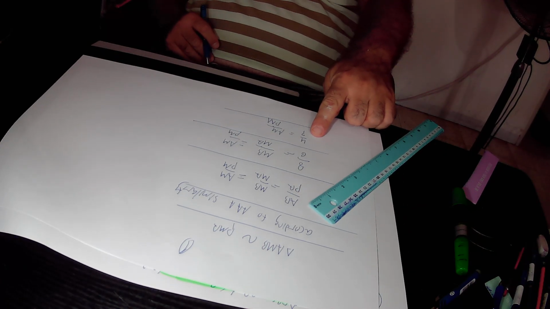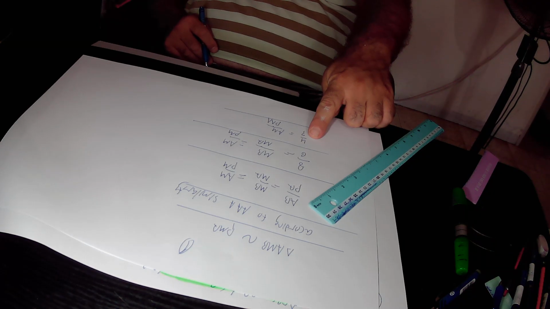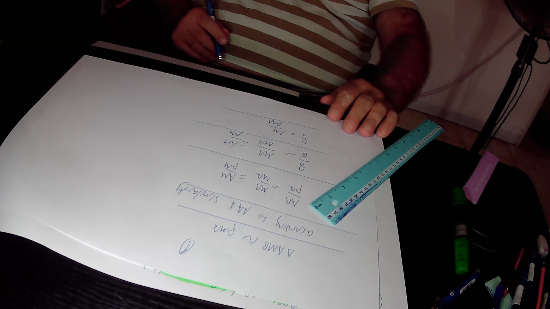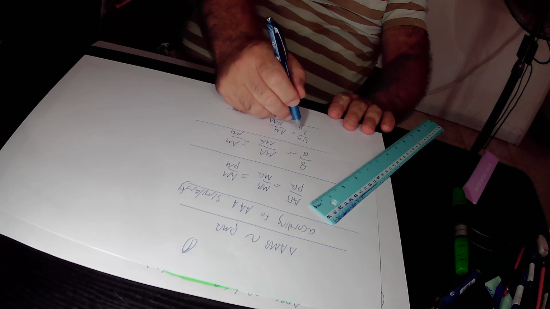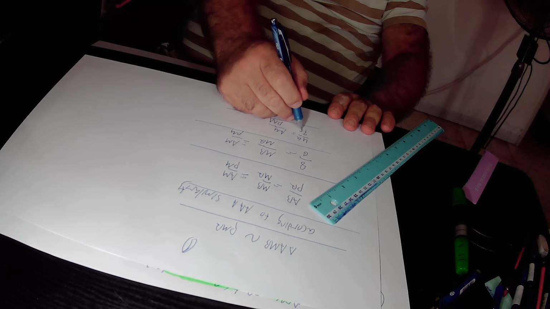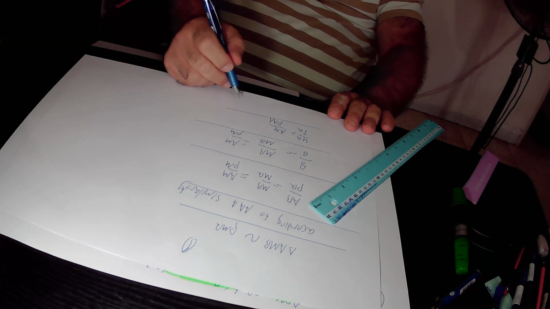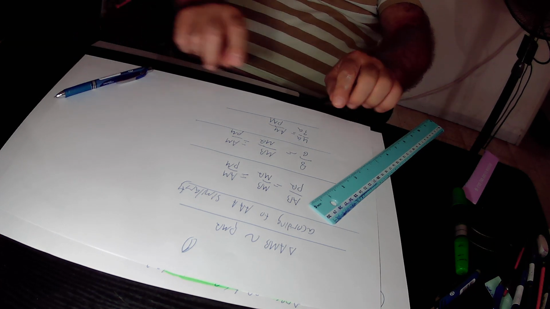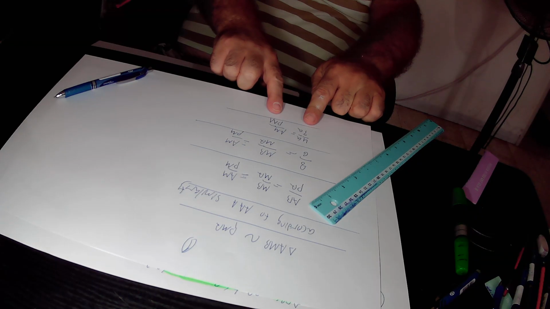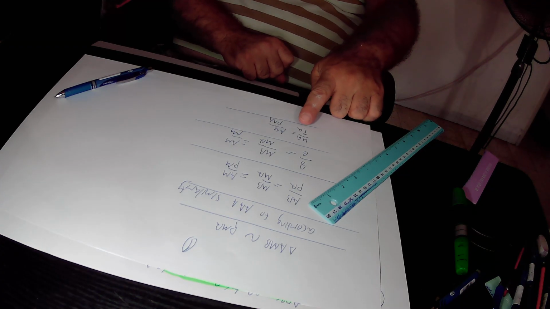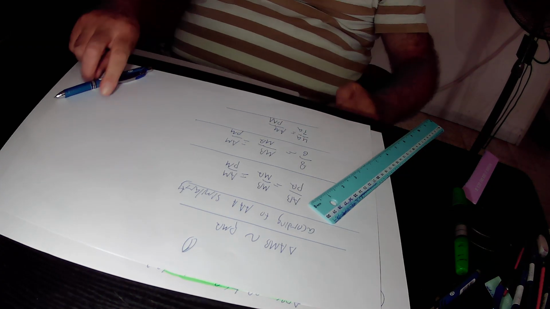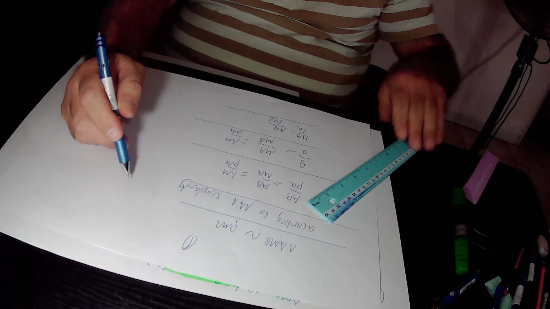Here we multiply both the numerator and the denominator of this number by A. We get 4A over 3A equals AM over PM. Those two sides of the equation are equal to each other. That is to say, the numerator of this side is equal to the numerator of this side, that is to say, AM equals 4A.